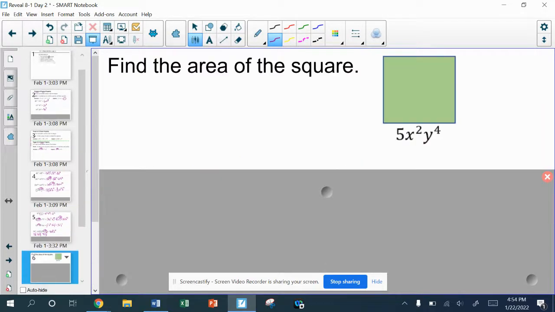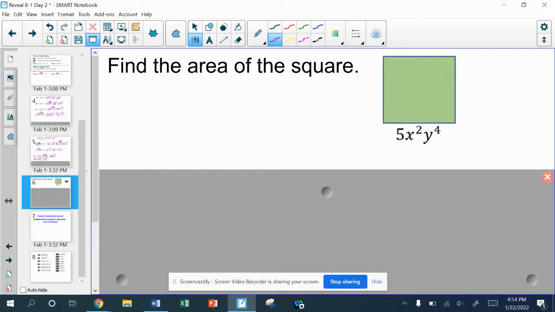Then, last slide here. Finding the area of a square. Remember, if it's a square, that means that the side lengths all match. So that means that the length and the width, or the base and the height, are both that 5x squared y to the 4th. The area of a square is going to be that side length squared.